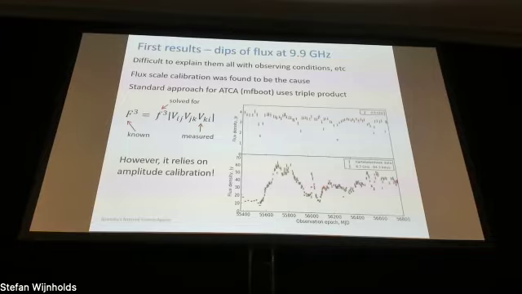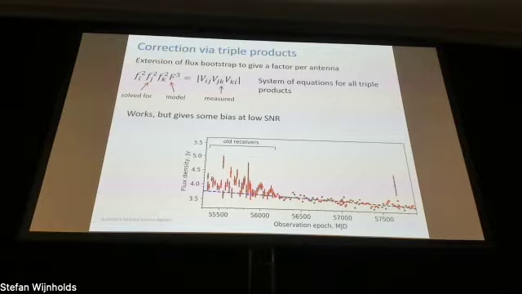So a naive approach to solve this was to essentially extend the same fit, but to solve one factor per antenna. It did work, but gave me a bit of a bias. And in hindsight, by the way, this first part, we had the old CX receivers, which were a bit more noisy, and plus 9.9 gigahertz was a bit out of the band.